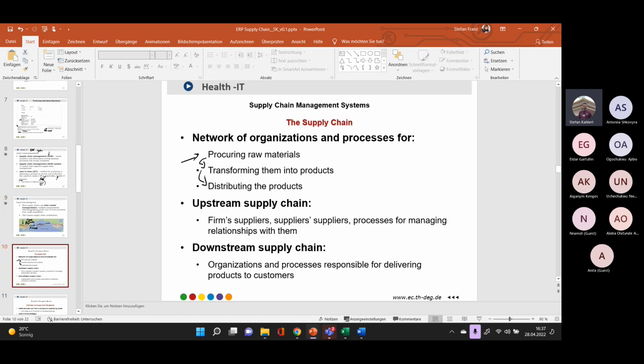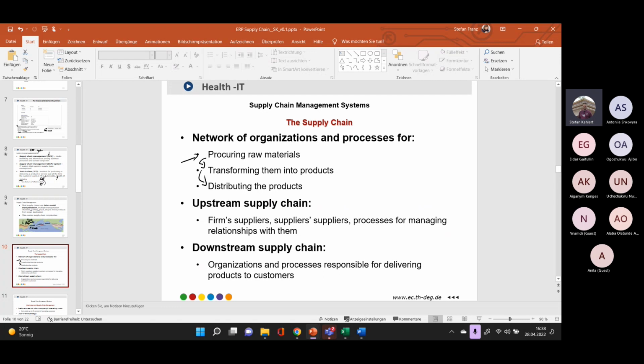But you need to transform, and the first thing is to procure raw materials, which you also get from certain countries, which will then be brought together in another country.